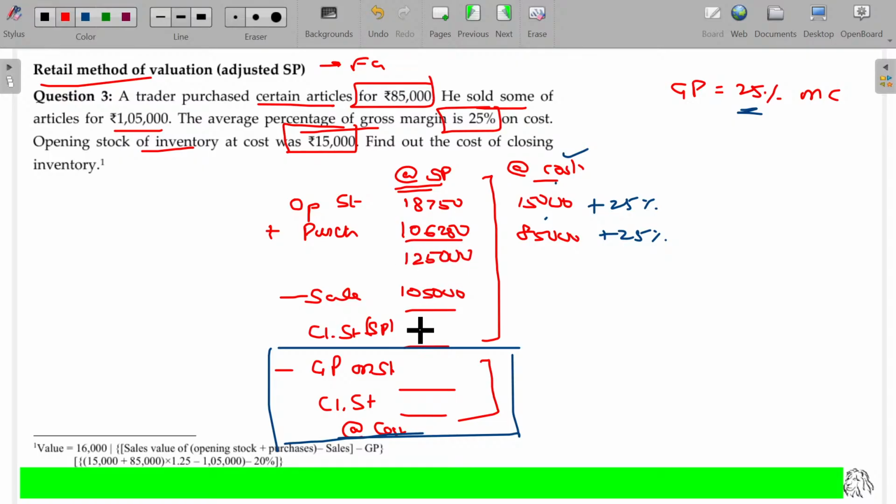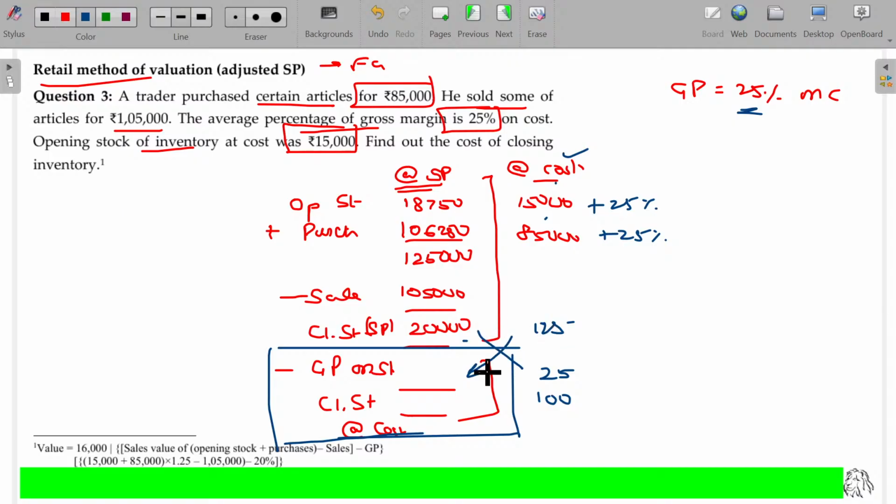From there, 1,05,000 is subtracted. You will get the closing stock at the sale price. If the cost is 100, profit 25 is added, and the sale price is 125. 20,000 is nothing but the closing stock value at sale value.